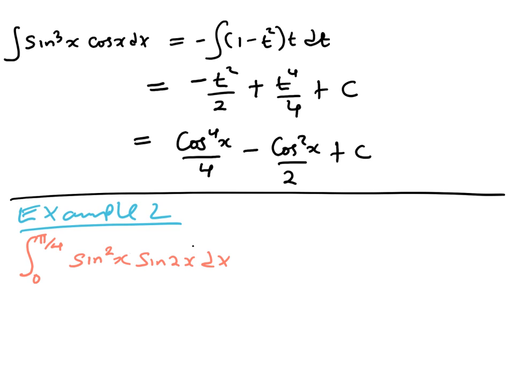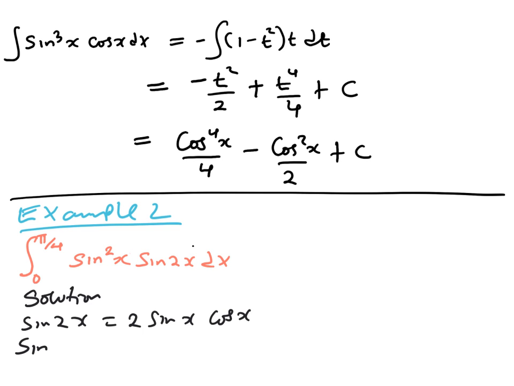Example 2, they want us to integrate sine squared x sine 2x dx. So this is a simple question that can be done in two ways. One of the ways is to use what we have just discussed, and if you are to use products of powers of sines and cosines, then in the solution, you need to write sine 2x as 2 sine x cos of x.